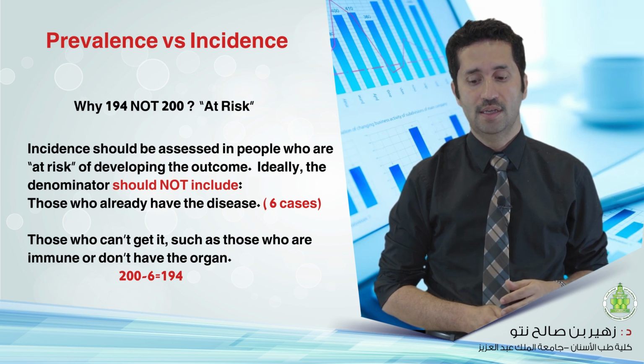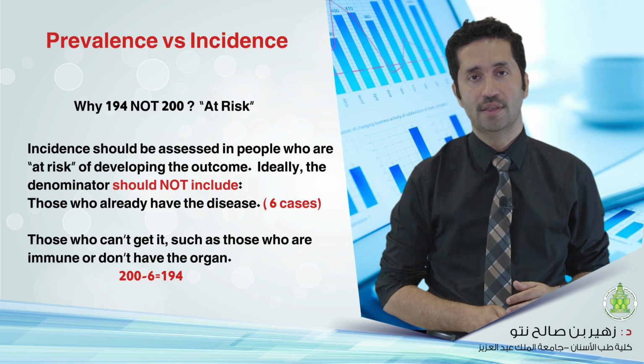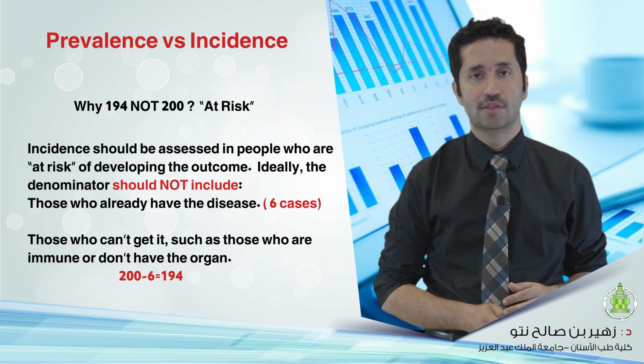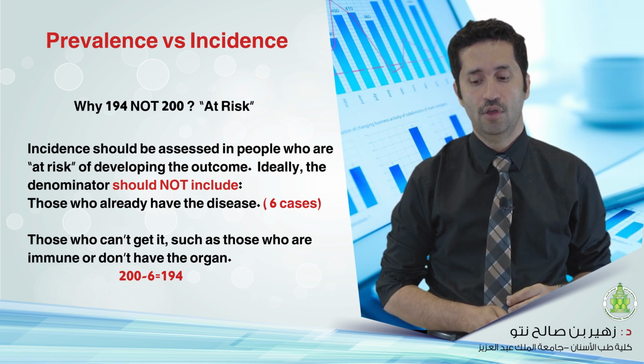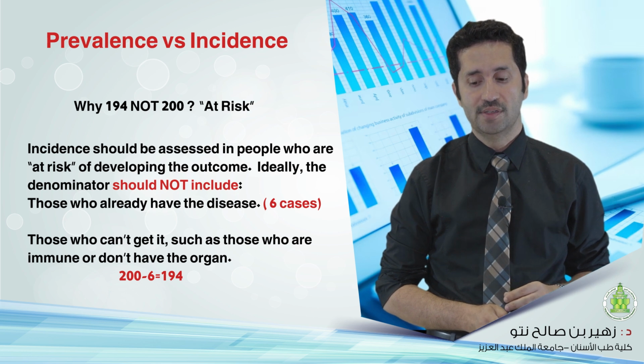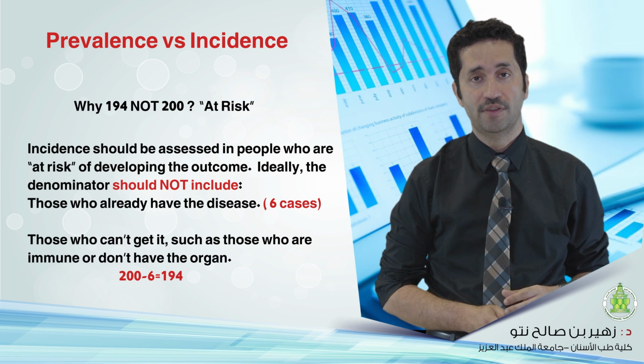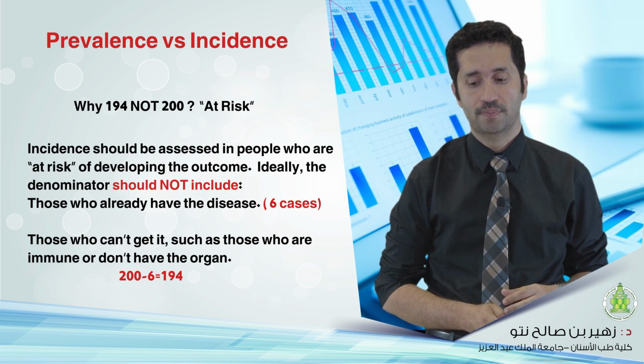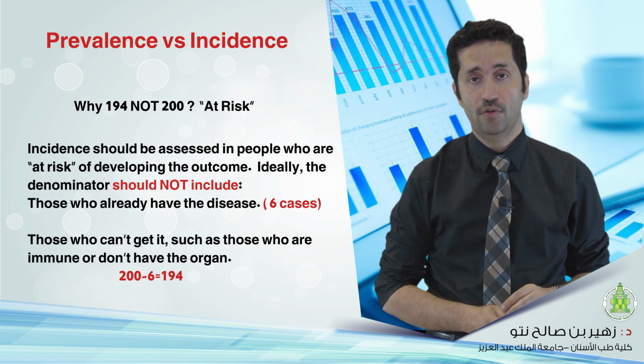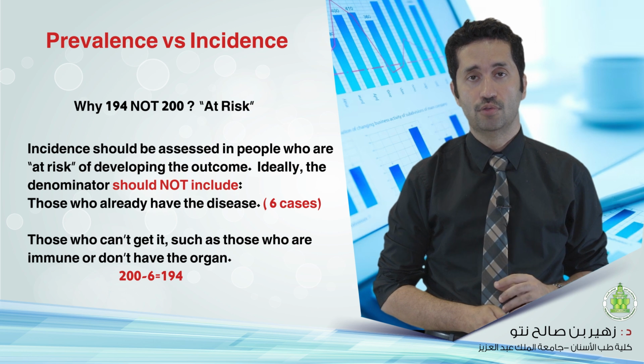So the answer is 3 over 194, which is 0.015, or 1.5%, or 15 cases per 1,000, or 150 cases per 10,000. We have only 194 because 6 of them already got the disease, and we should exclude them from the population at risk.